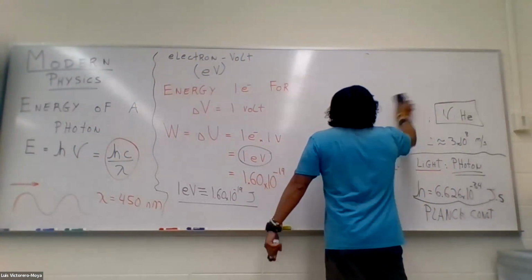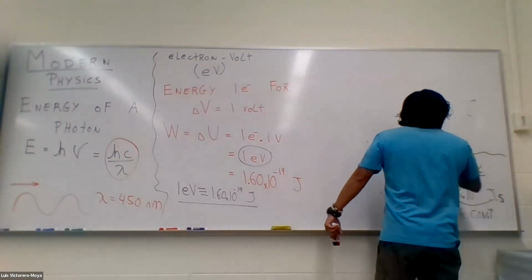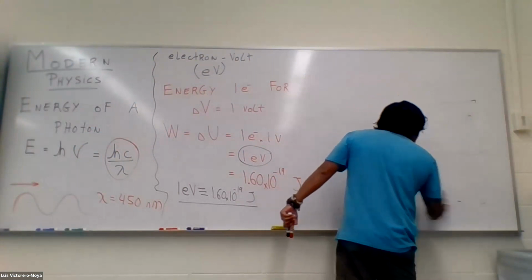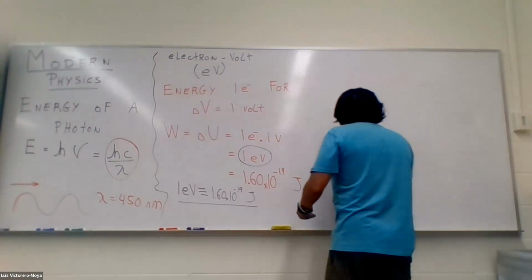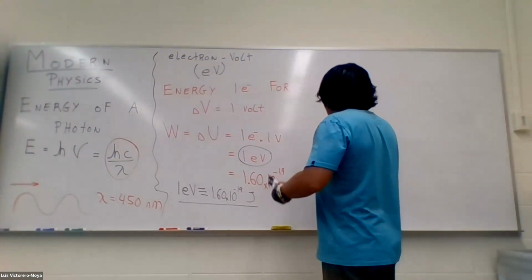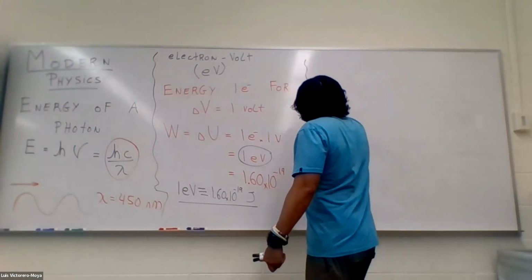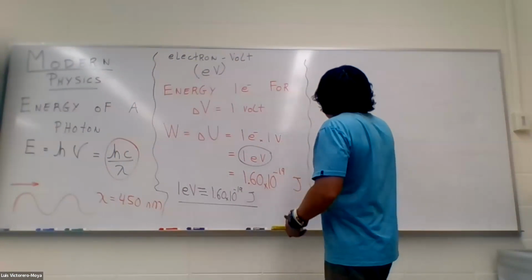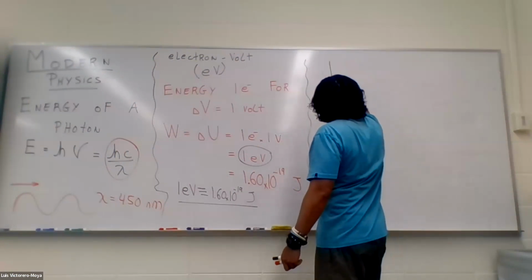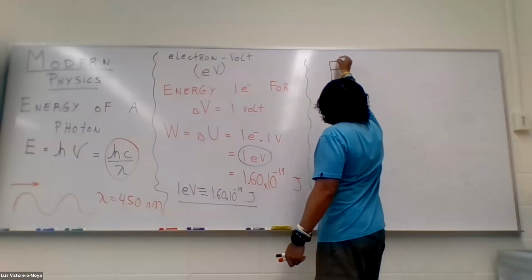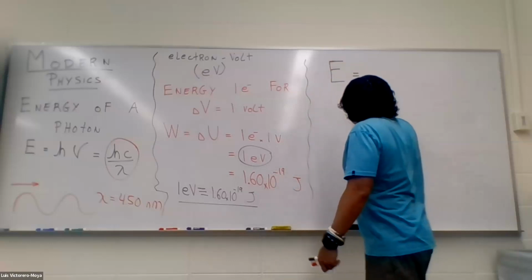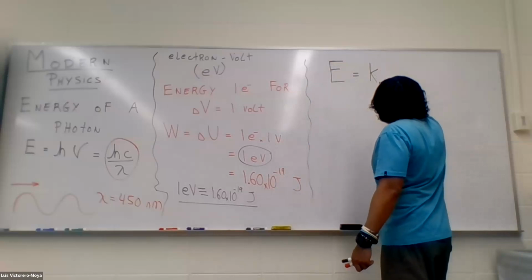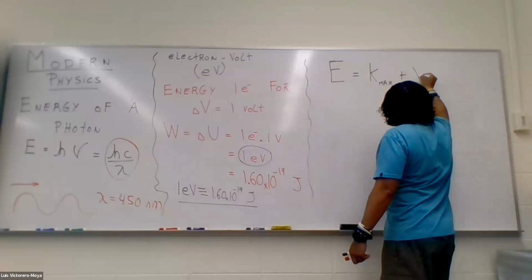I want you to say the photoelectric effect states that the energy emitted by a beam of light is equal to the maximum kinetic energy of the electrons plus the work function.